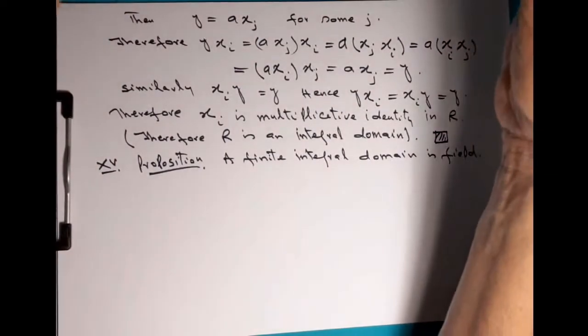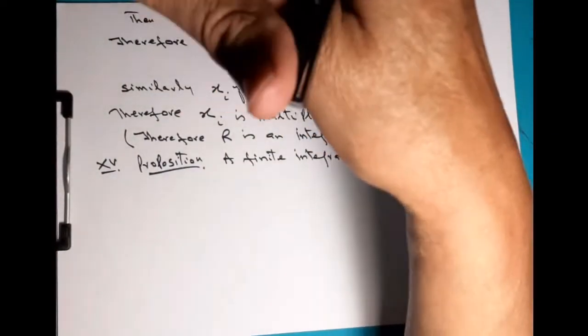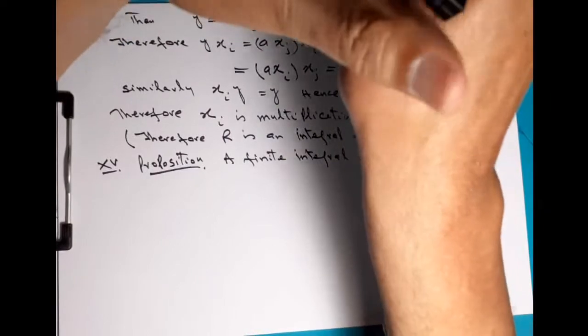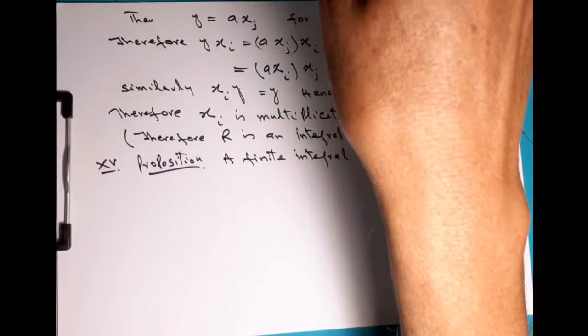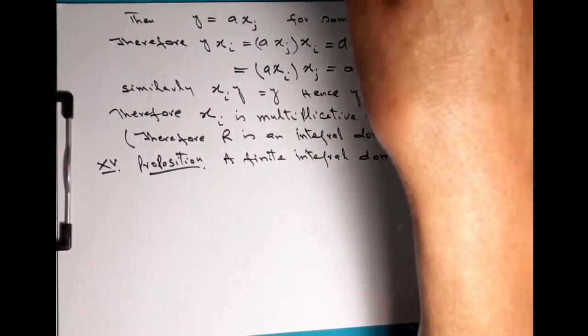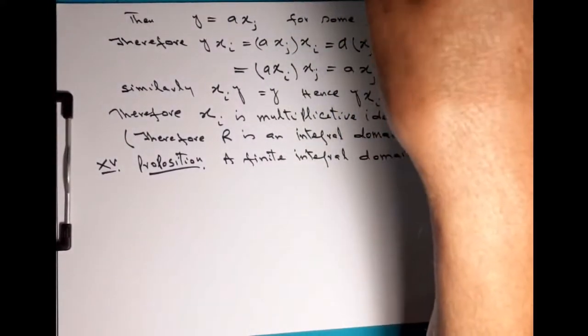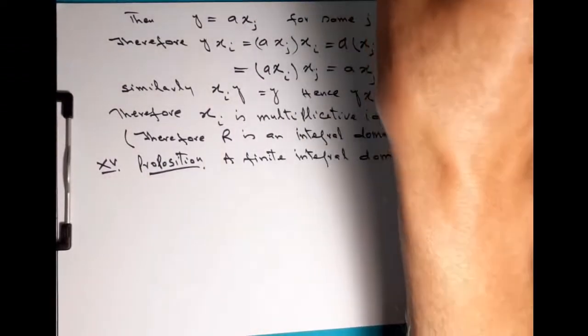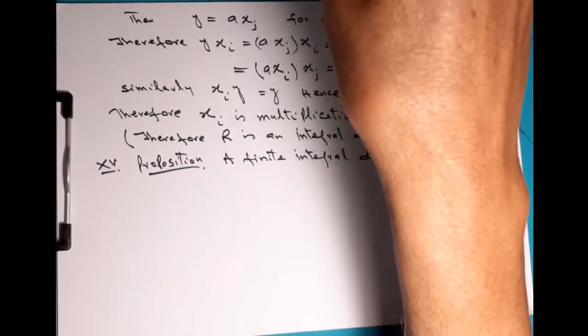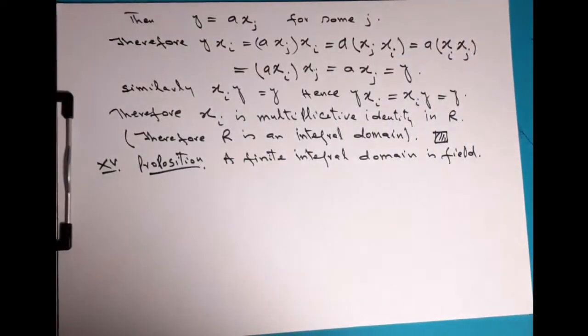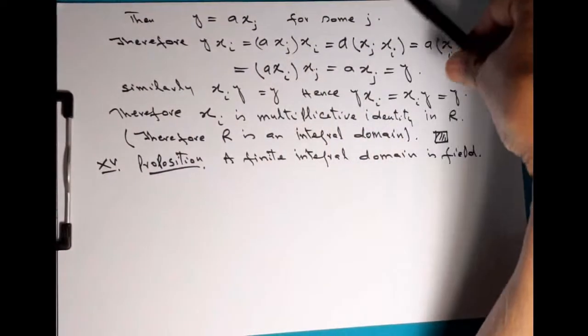A field is a set with two binary operations, let's say addition and multiplication. So the conditions are: the set is an abelian group under addition. Secondly, multiplication is distributive over addition. And thirdly, if we remove the zero element from the set, then the remaining elements form an abelian group under multiplication. So I will repeat the definition at the end of this proposition.